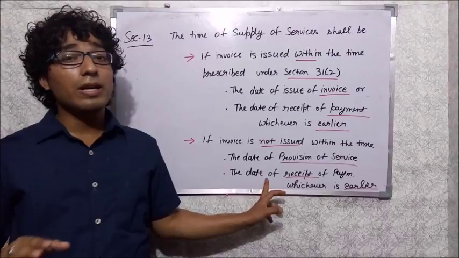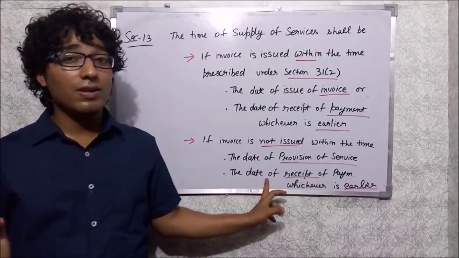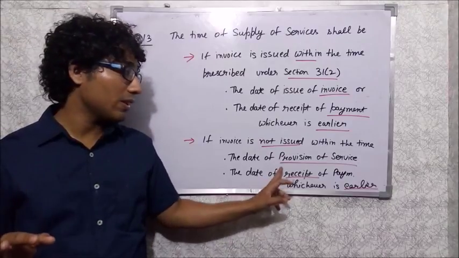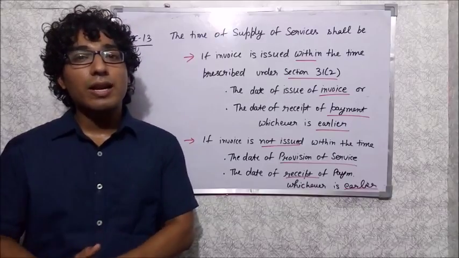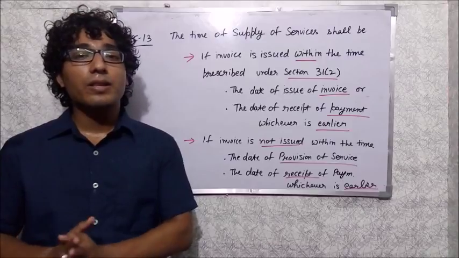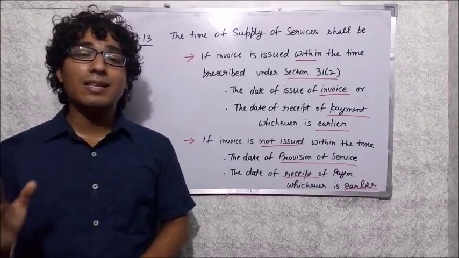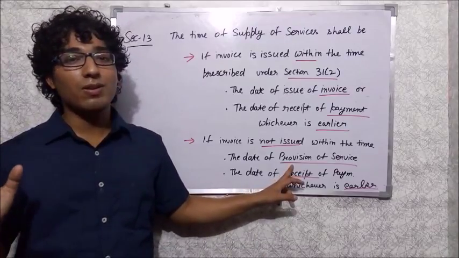Because when you didn't issue the invoice within the 30 days of supply of service, the law will say that you have to follow the provision of service, because you delayed the issuance of invoice. So the law will say that if you delay the issue of invoice, then we will consider the time of supply of service as the date of provision of service.